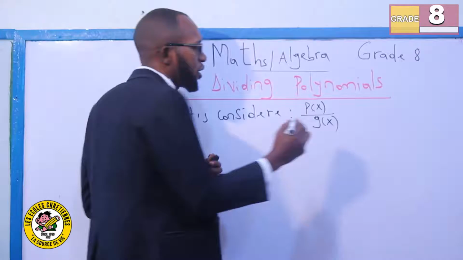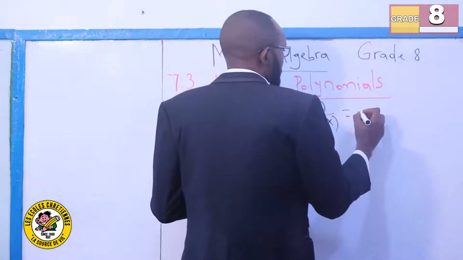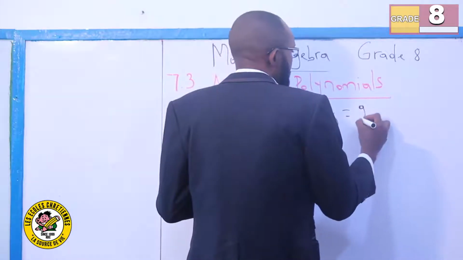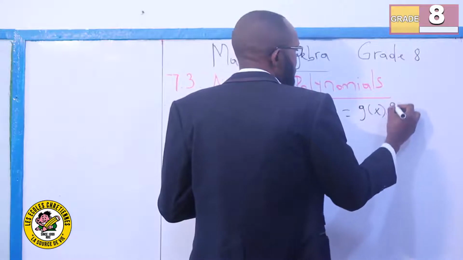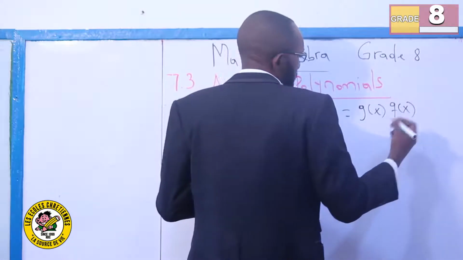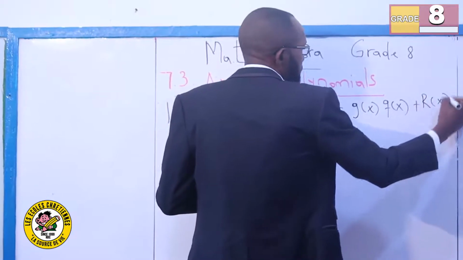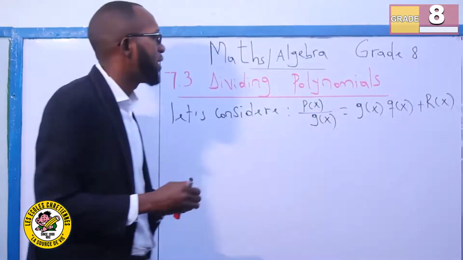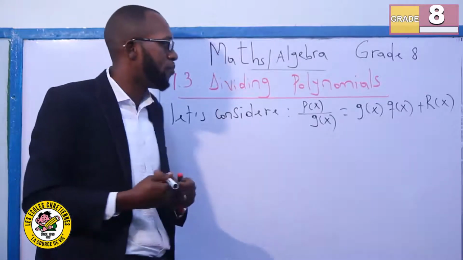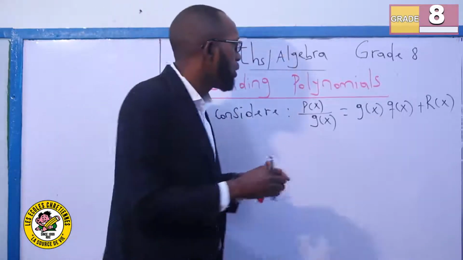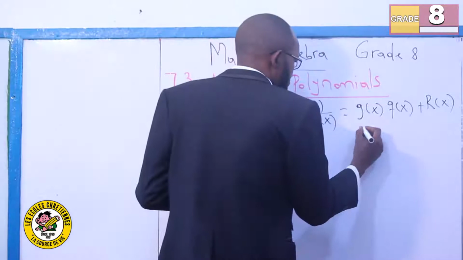So this expression can be written like this: p of x equals g of x times q of x plus r.